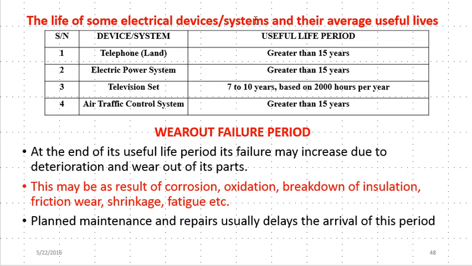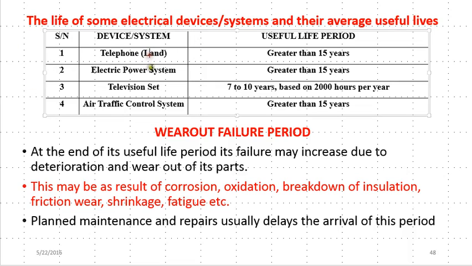Then, for us to shed more light on this useful period, many components, many systems, have an expected life duration. For instance, an electric power system is expected to last for 15 years and above. A television set, 7 to 10 years, based on what?